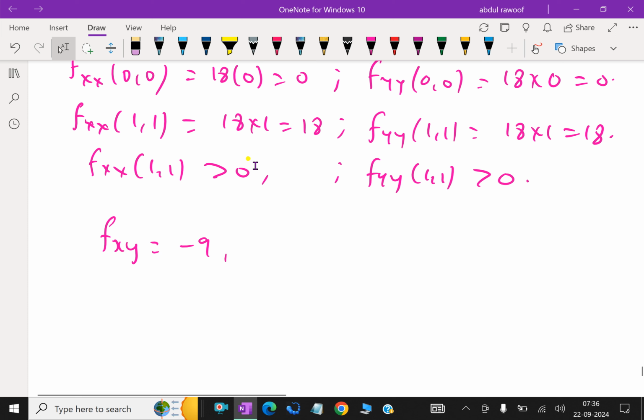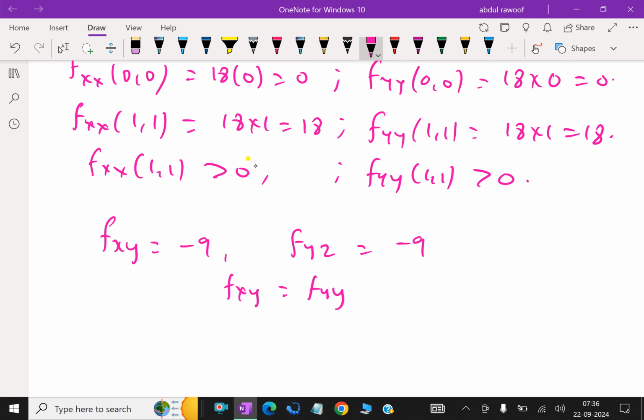Similarly, fyx is also minus 9. Therefore, from this we can say fxy equals fyx, which is equal to minus 9.